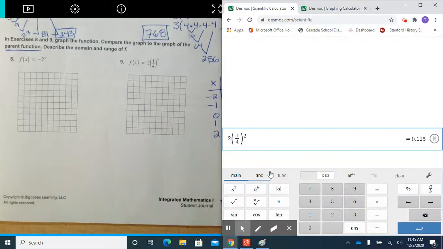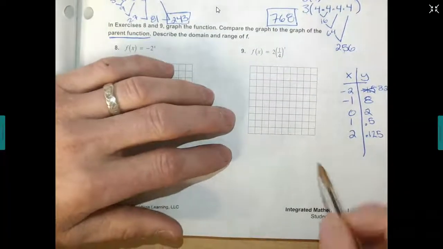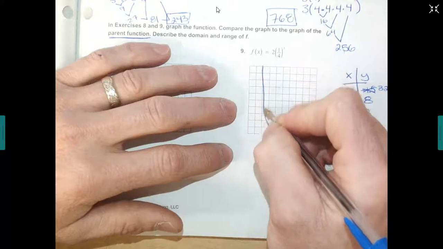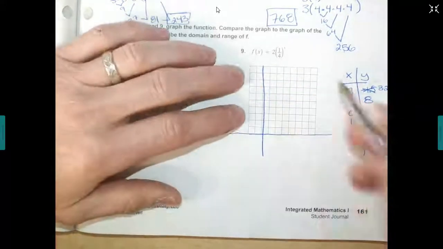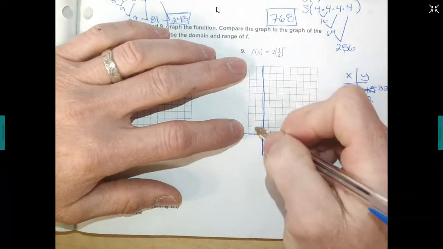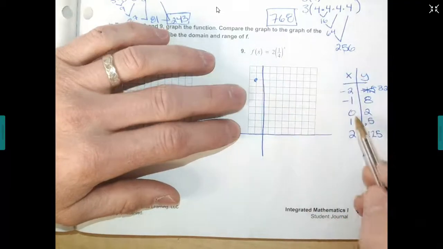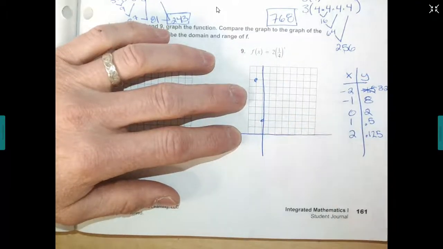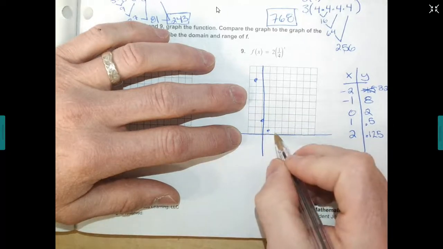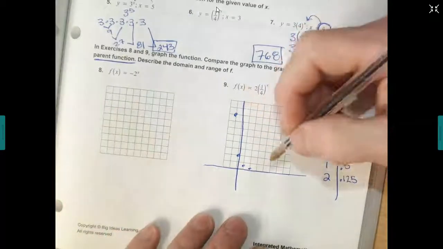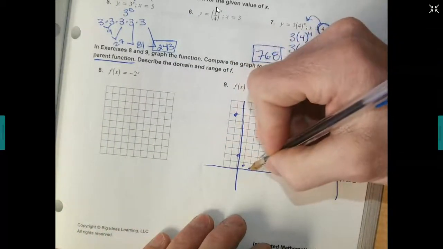So I take those answers and plug them in. So we're going to do -2 again. -2, 32, that's off the charts. -1, 8. 1, 2, 3, 4, 5, 6, 7, 8. 0, 2. 1, 0.5. 2 is 0.125.